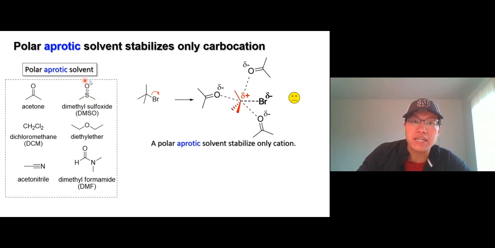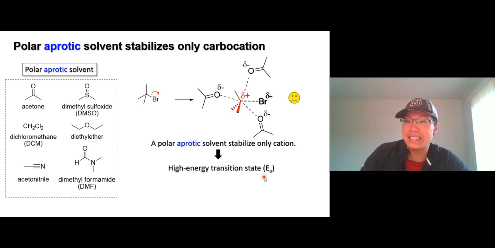But oxygen is wide open and can stabilize the positive charge there. So a polar aprotic solvent can stabilize only the cation, leaving the carbocation still high in energy, and the reaction is relatively slower compared to a protic solvent.